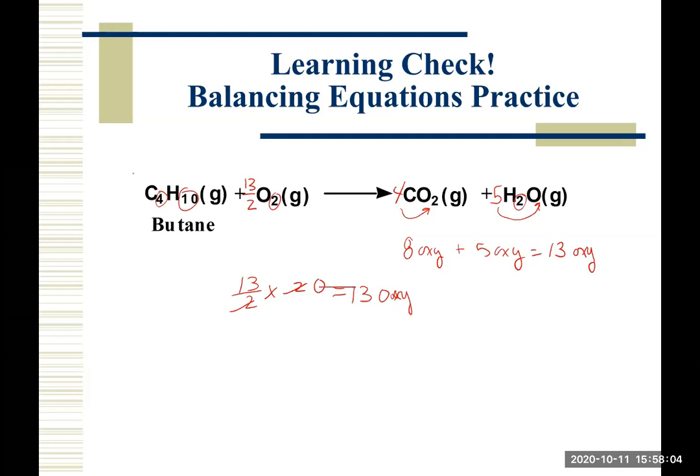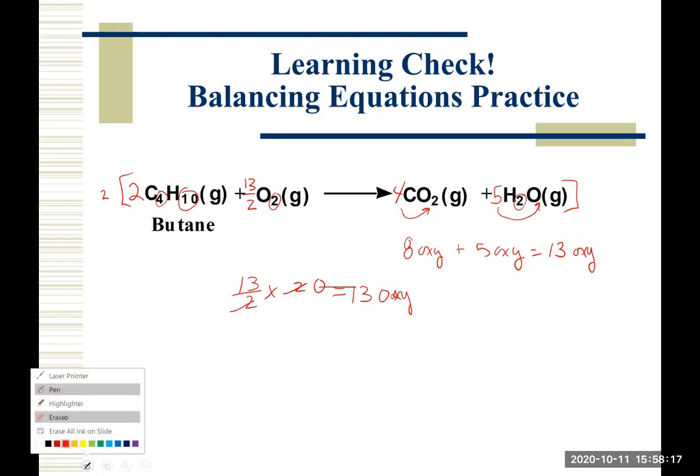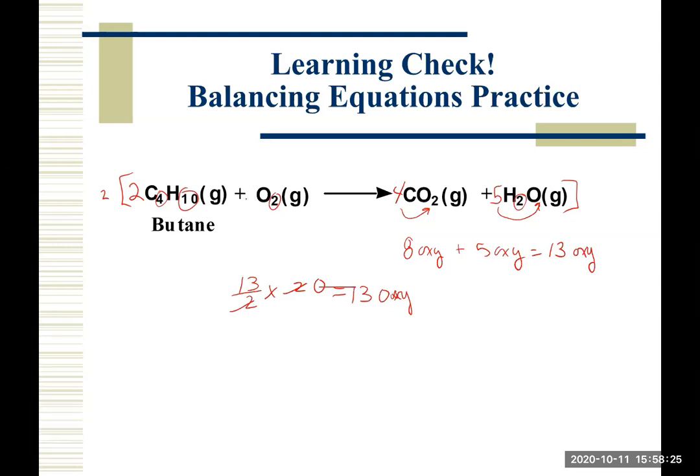So if we do that, that means we're going to get 2 butanes, and then 13 halves times 2, we've already looked at that, and that means that we're going to have a total of 13 O2s on the reactant side.